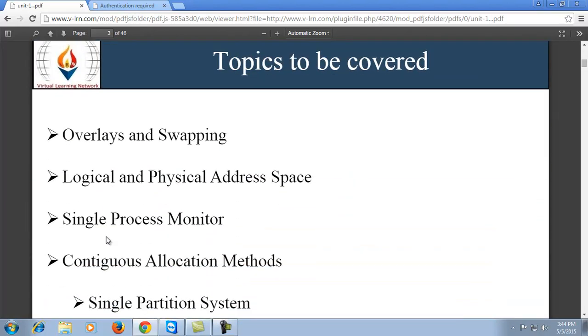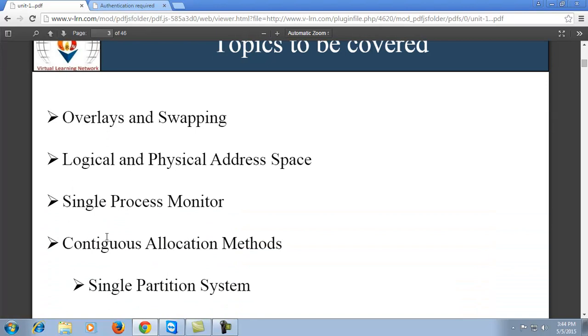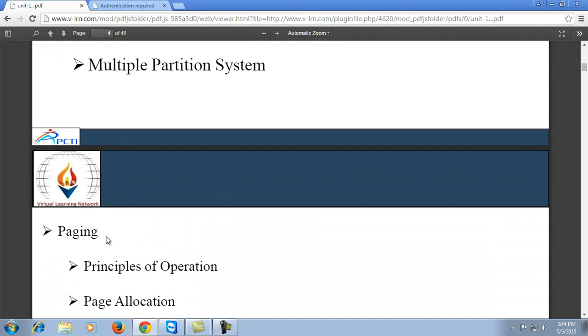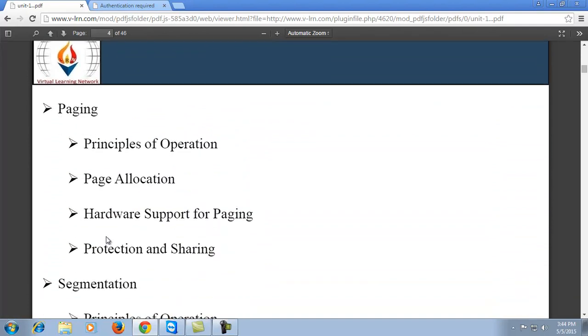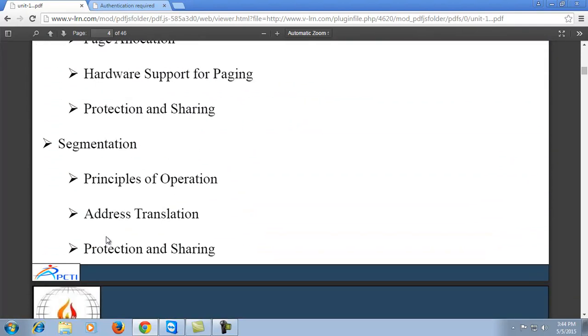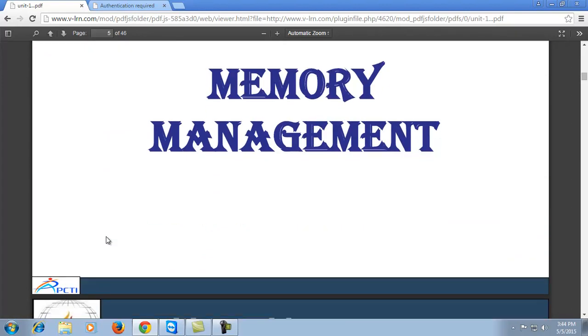In this, we cover overlays, swapping, logical memory space, physical memory space, and contiguous allocation methods. In this, we discuss paging, segmentation, and so on.